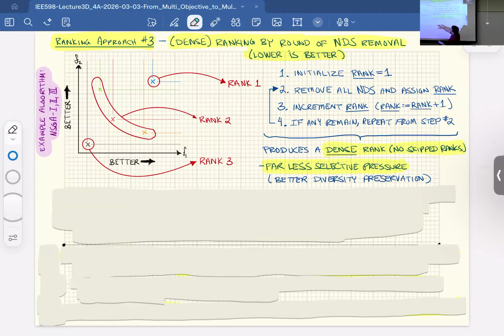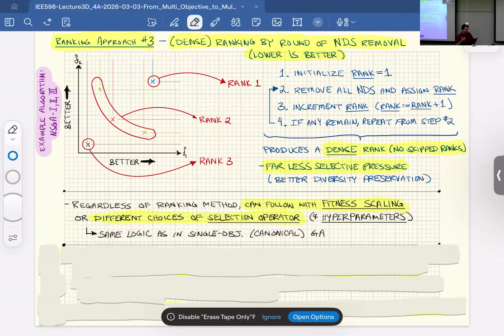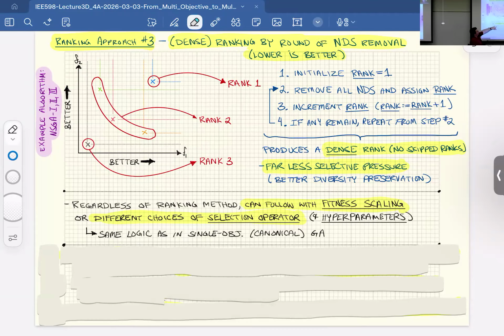All right, so theoretically you could use all 3. This has become a popular method. Regardless of the method, you can follow your choice of fitness with a fitness scaling operator, and many of these methods do. They come up with a rank, and then scale the rank to another space, which allows them to adjust their selective pressure even further.